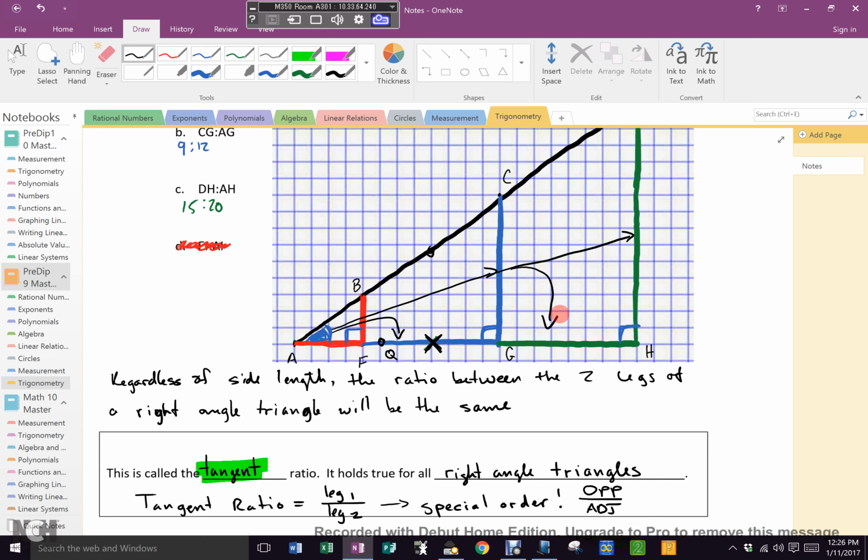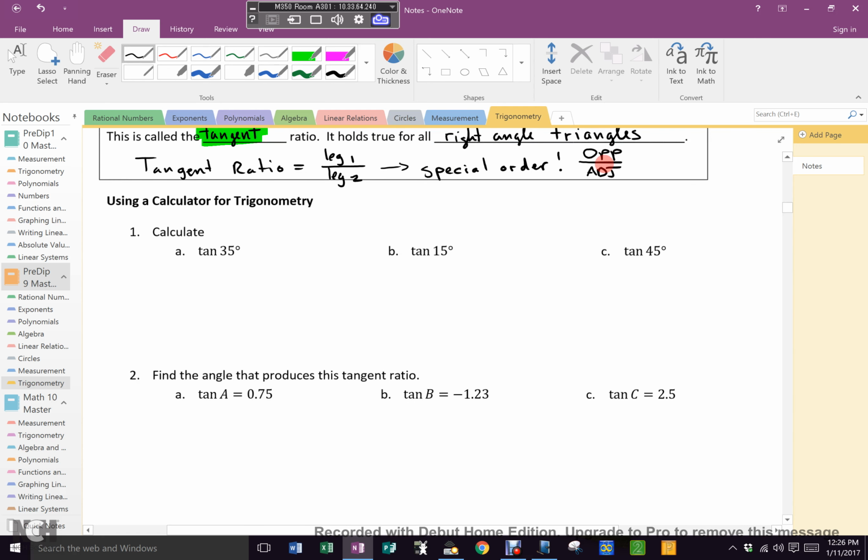Opposite means across. Now notice, how many sides are in a triangle? 3. We've given names to 2 of them, yes? What's the third one in a right angle triangle? The hypotenuse. Have we talked about hypotenuse? No. So that's the next thing to remember. It's only opposite and adjacent. No hypotenuse when I'm doing the tangents. Is everybody cool with that?